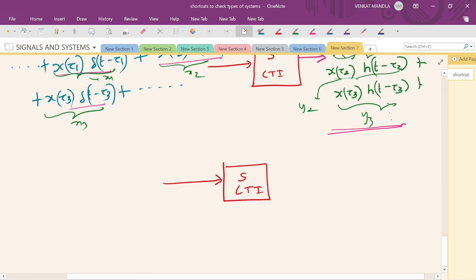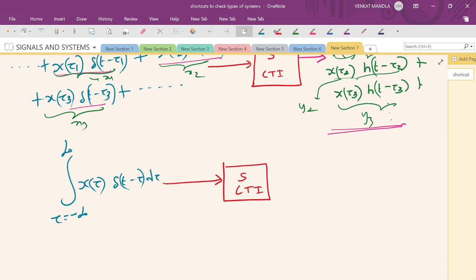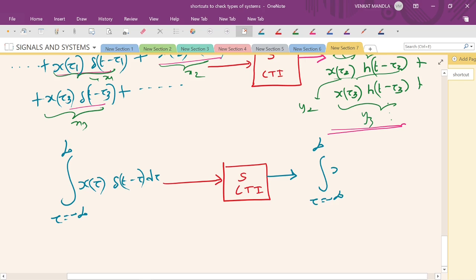I am applying at the input the integral of x of tau delta of t minus tau d tau, tau from minus infinity to plus infinity. At the output I got the integral from minus infinity to plus infinity of x of tau h of t minus tau d tau.